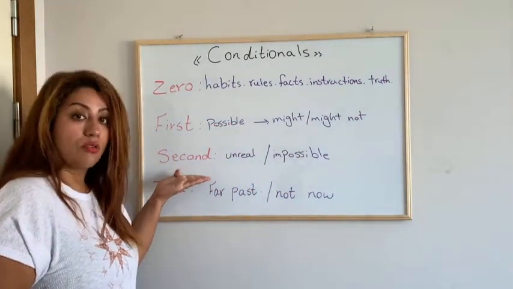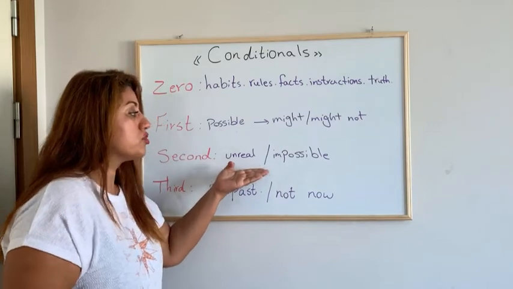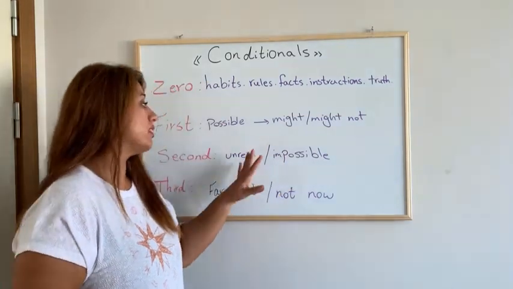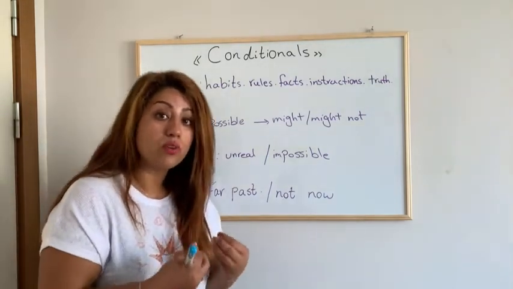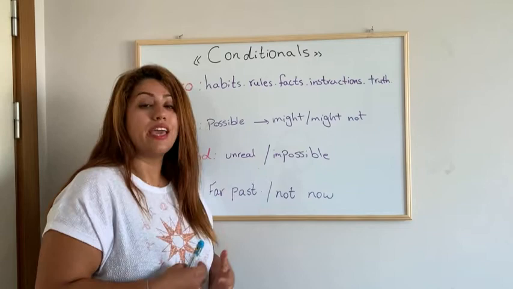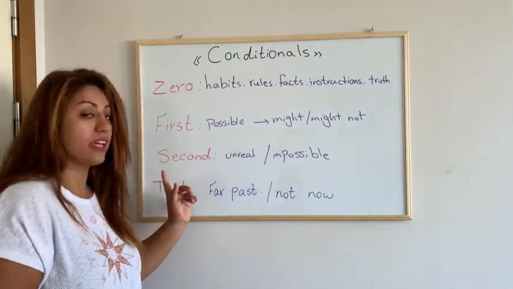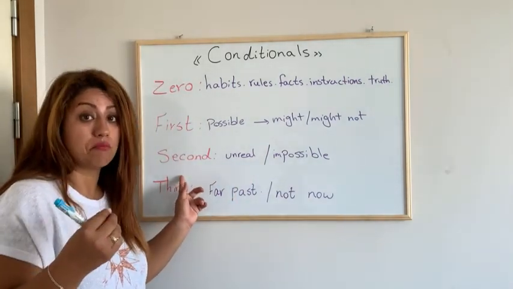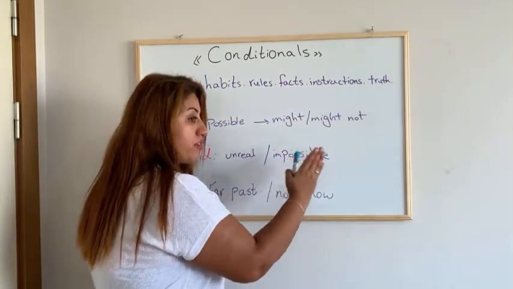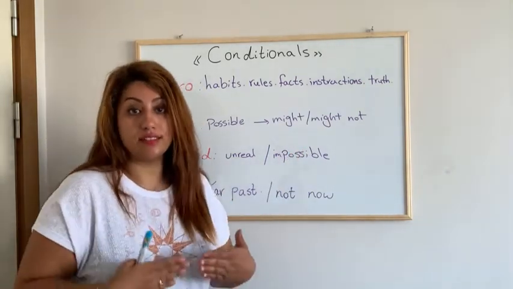Second conditional. It is unreal condition or impossible condition. The result is about present. Although we use past simple and would to make the second, we use past simple verb, but the result refers to present.